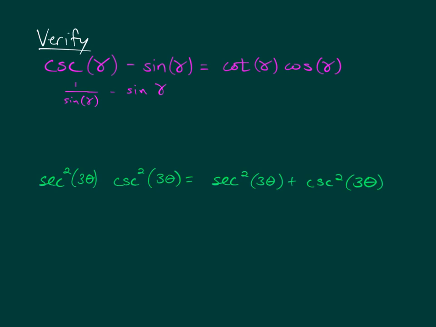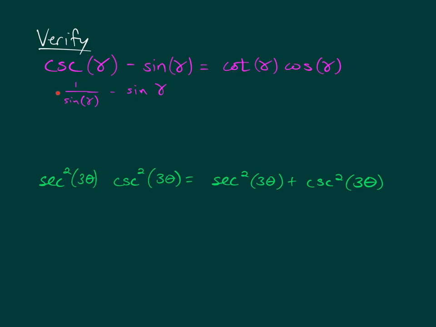I think I like working with the side with multiple terms to begin with instead of 1 term. I think this is more complicated, and you can see that if you switch this using the reciprocal identity, yes, it becomes a little more complicated. So let's see where this takes us.